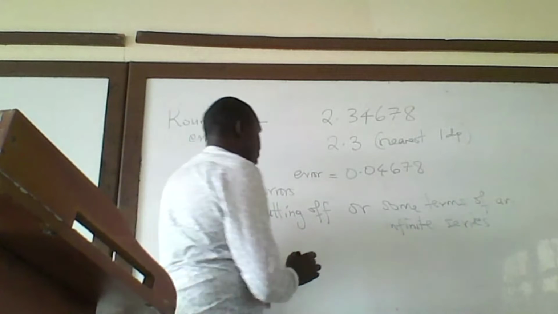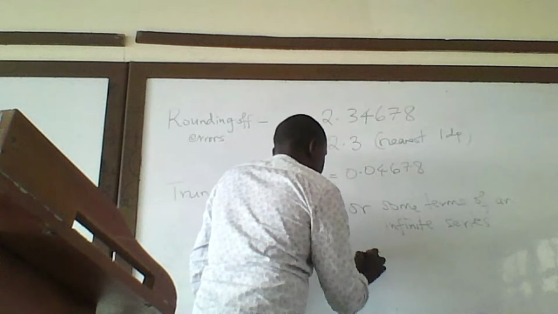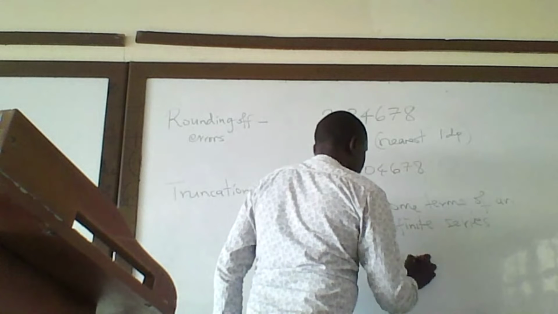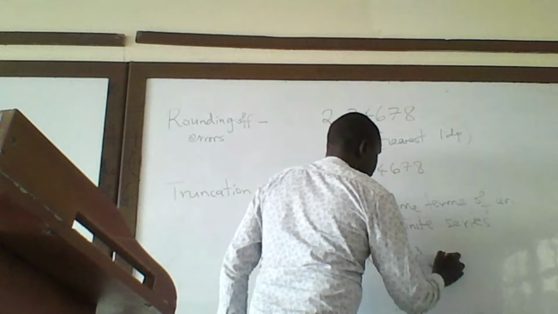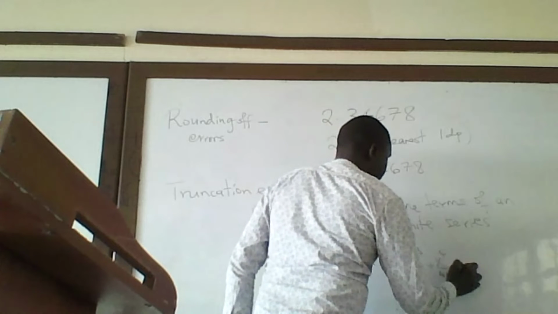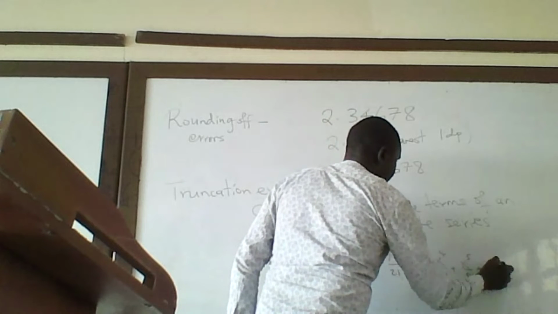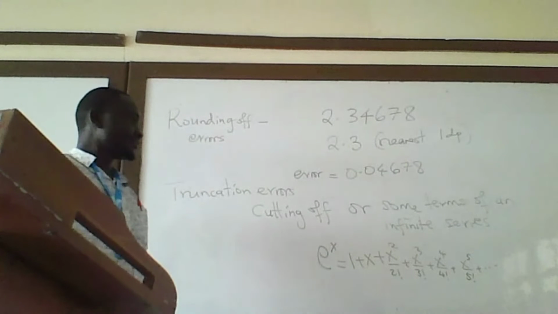So, for example, this number e power x is given by 1 plus x plus x squared over 2 factorial plus x cubed over 3 factorial plus x power 4 over 4 factorial plus x power 5 over 5 factorial plus other several terms.